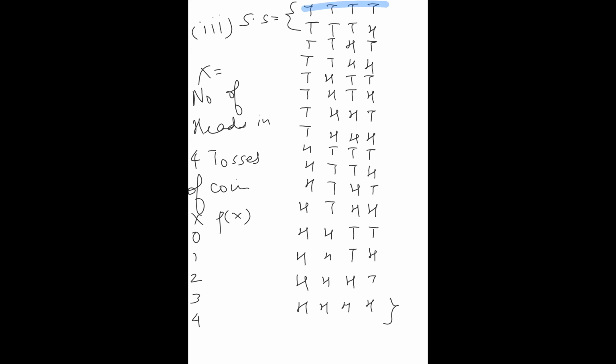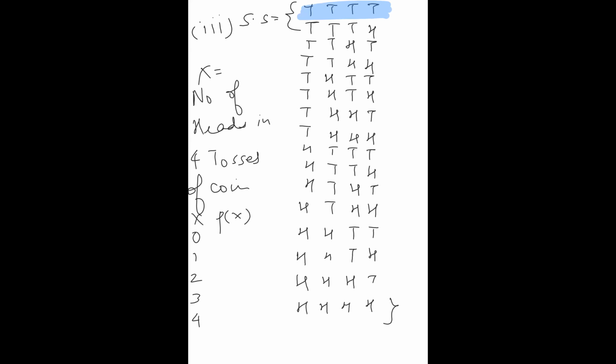I'll just mark it in blue for you. So this is 1 out of 16. Likewise, 4 times heads. This is also one event out of total 16 events. So 1 out of 16.